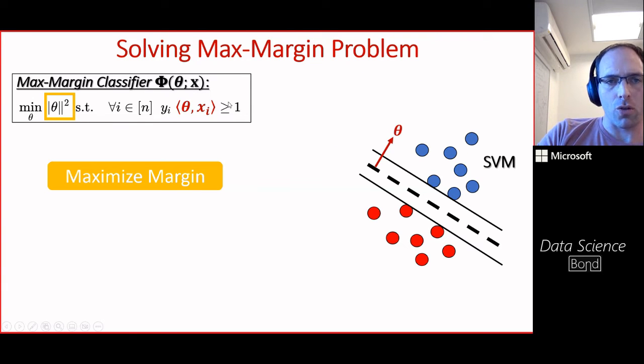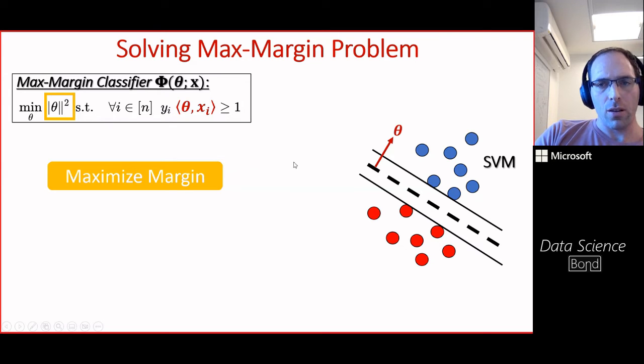And then you have the constraints. For each sample in the training set, for each xi, you need this thing to be larger than or equal to 1. What does it tell us? If it's correctly classified, then theta times x is going to be either positive or negative depending on the class, and multiplying by yi tells us that if it's positive, it means that it's correctly classified.